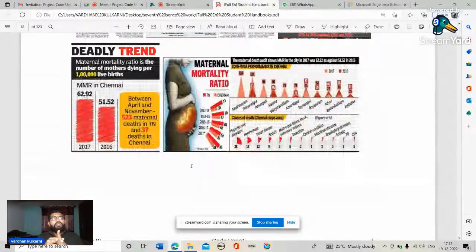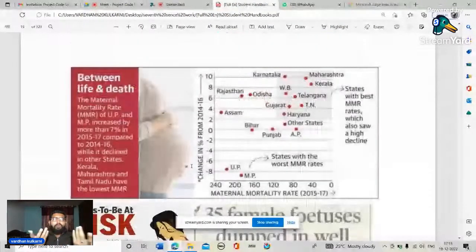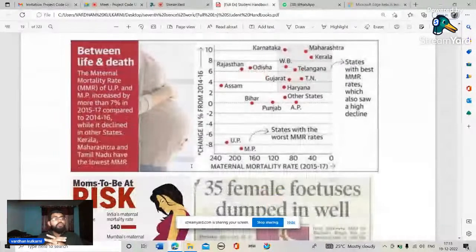There was a change in mortality death rates from 2015 to 2017. In a survey across UP, MP, Punjab, Bihar, Assam, Rajasthan, Odisha, Gujarat and Karnataka, the mortality rates changed, with many lives and deaths.